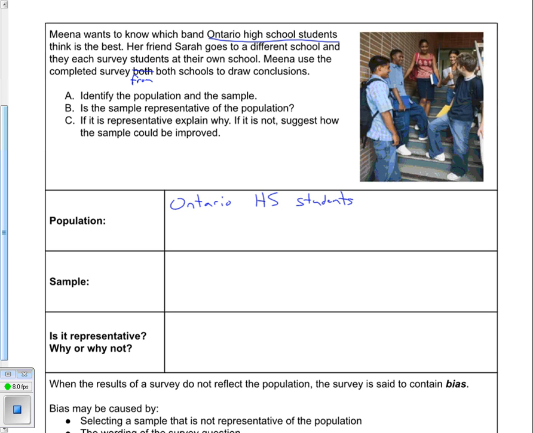So instead, she decides she's going to figure out a sample of the population. Her friend goes to a different school and they each survey students at their own school. We don't know how many students they've surveyed. We don't know what their survey technique is, or how they chose the people who were surveyed. But they've sampled people at two schools. So the sample here is students from two different high schools.